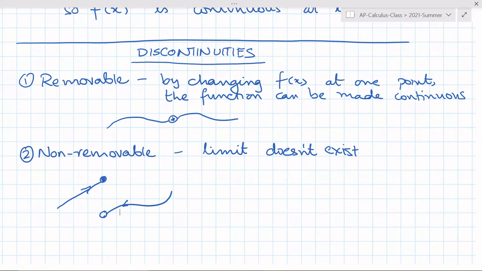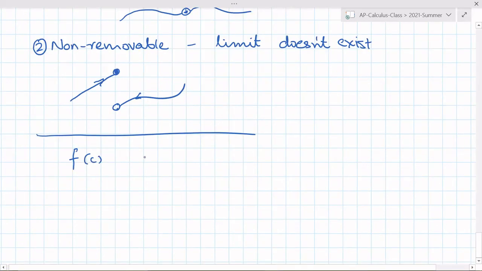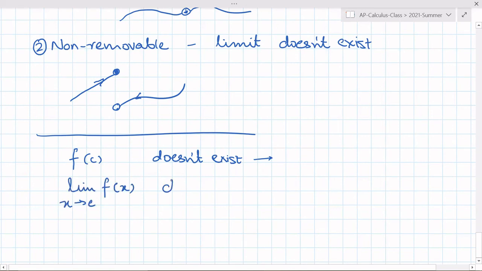But if the limit exists and the limit is different from the function value, or the limit exists but the function doesn't exist, then it is removable. So when we are looking for discontinuity, we continue testing. If the limit doesn't exist, then we say it is non-removable.